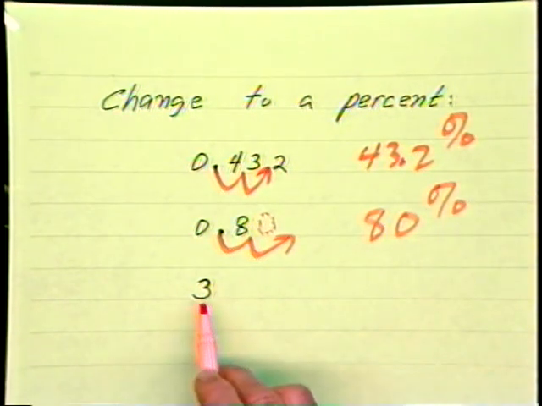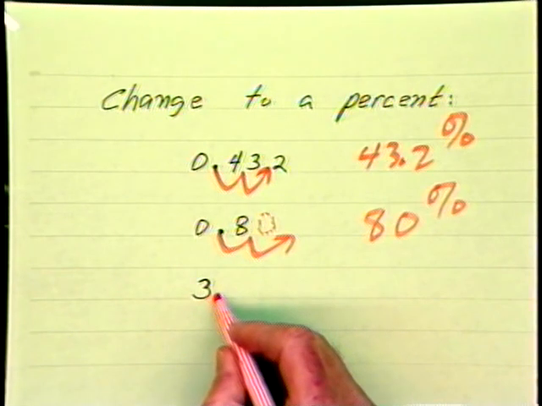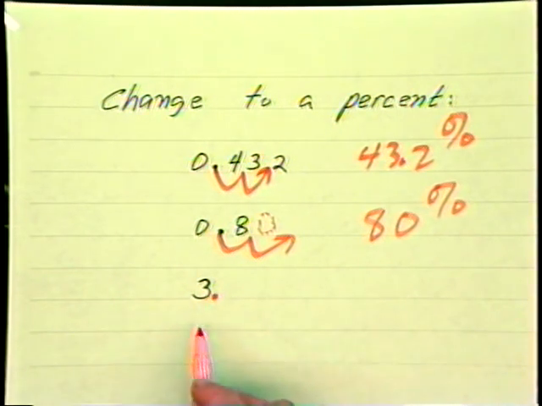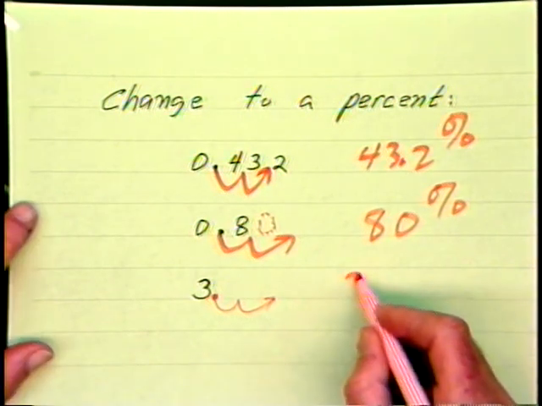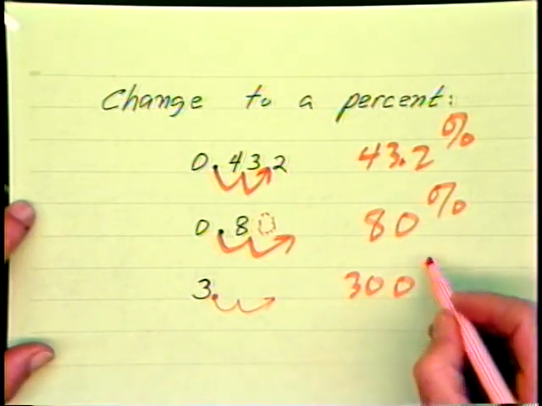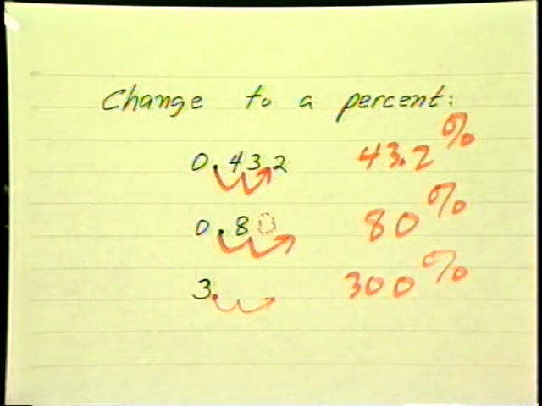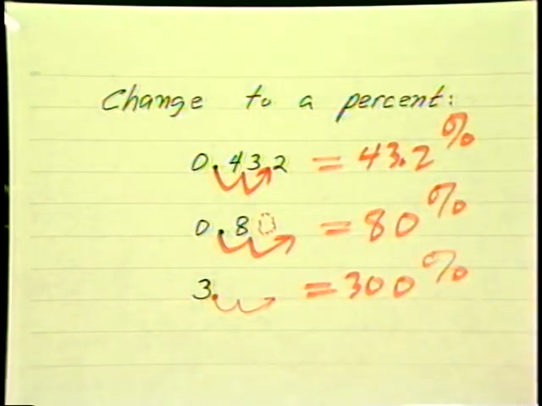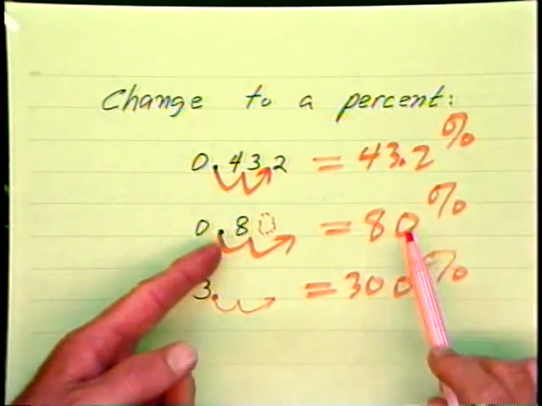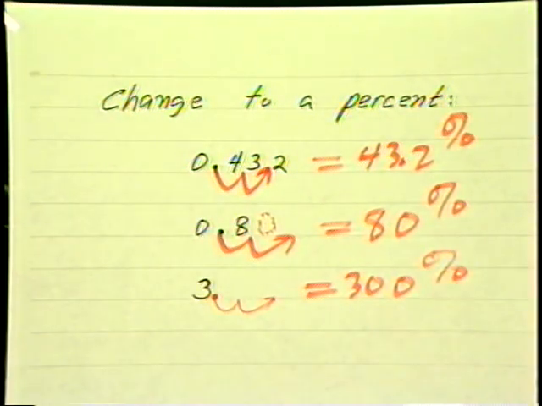Same in this case, but remember that with a whole number, the decimal point's always on the right end. Move it 2 places towards the percent, stick in the placeholder zeros, and stick on the percent. And never forget, these are all equivalent numbers, just written differently. If you have that, this lesson will be quite easy.